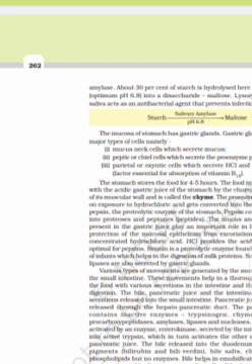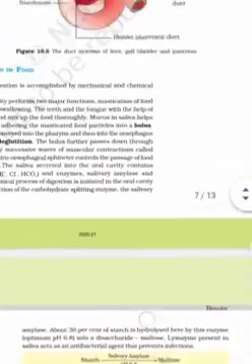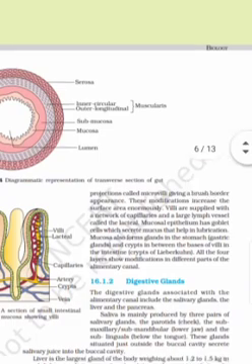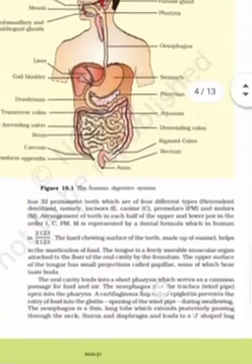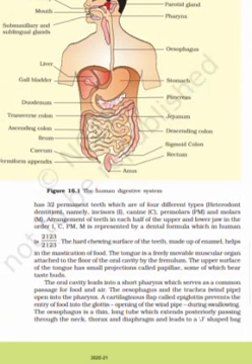The undigested and unabsorbed substance, called feces, enters the cecum of the large intestine through the ileocecal valve, which prevents the backflow of fecal matter.